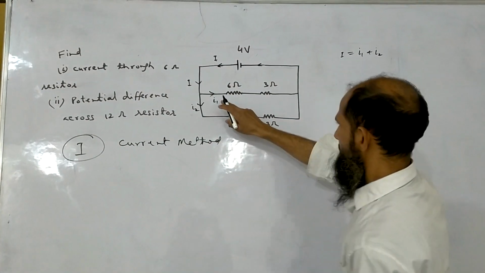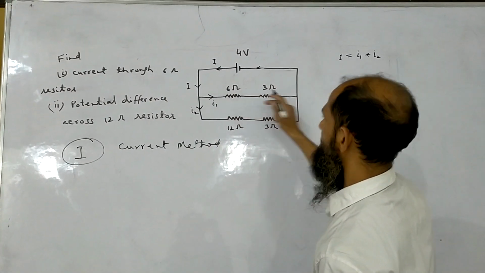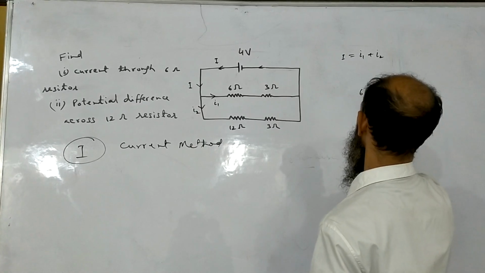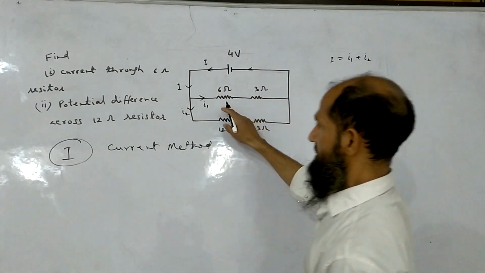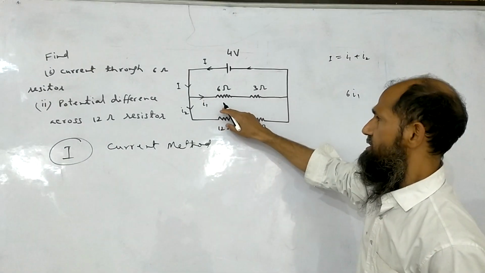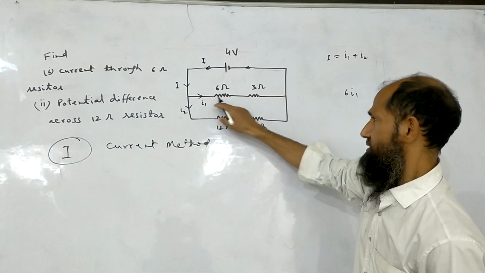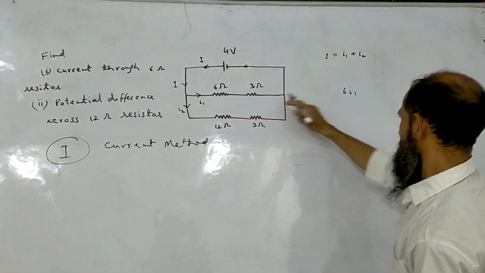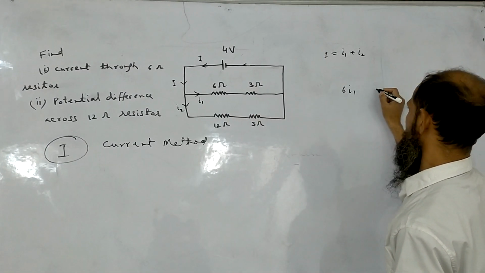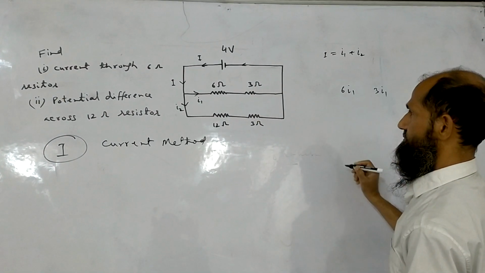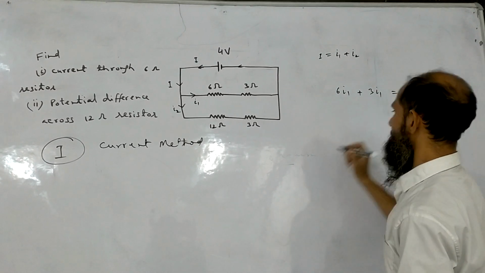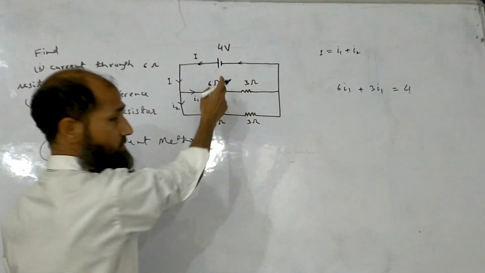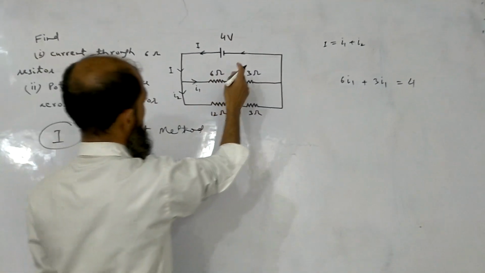Now the potential drop across this resistor will be 6 into I1, IR, that is the potential difference across this resistor. And across this resistor, the potential drop is 3I1. And the sum must be equal to 4, because 4 volt is the potential difference across this.